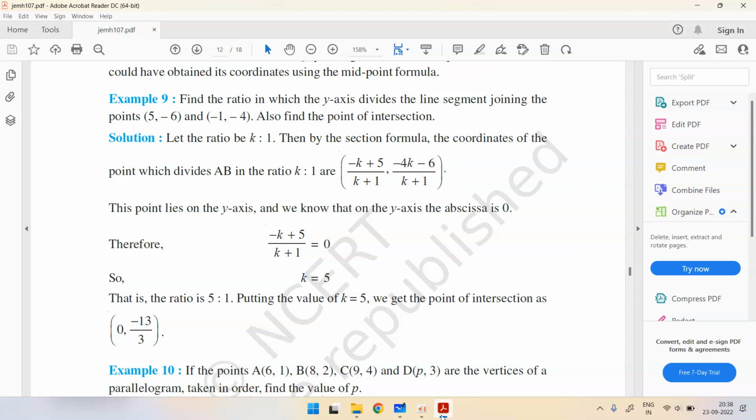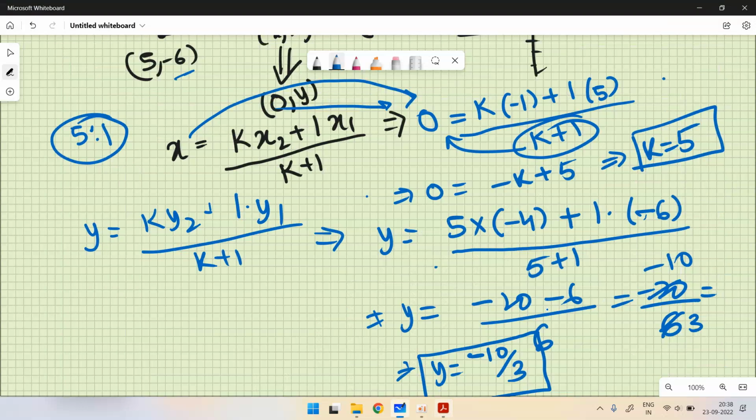Okay, so the value of 5, this is 5 for the 20. So this is minus 20 minus 6, minus 26 by 6.